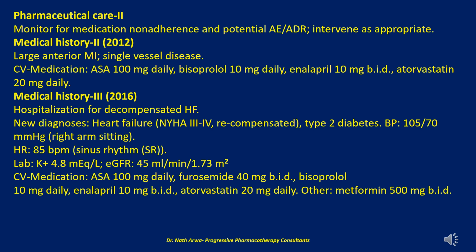Cardiovascular medication include aspirin dosed at 100 mg daily, furosemide 40 mg twice daily, bisoprolol 10 mg daily, enalapril 10 mg twice daily, atorvastatin 20 mg daily. Other medication include metformin 500 mg twice daily.